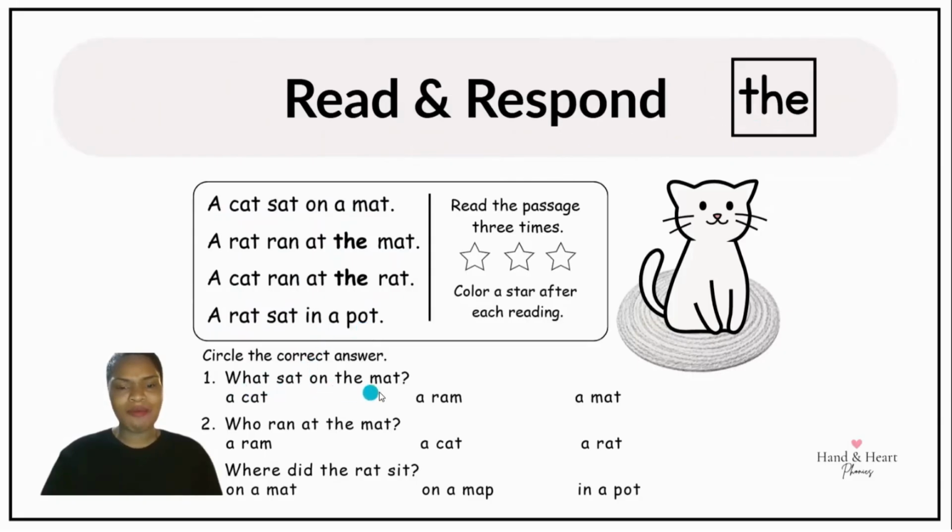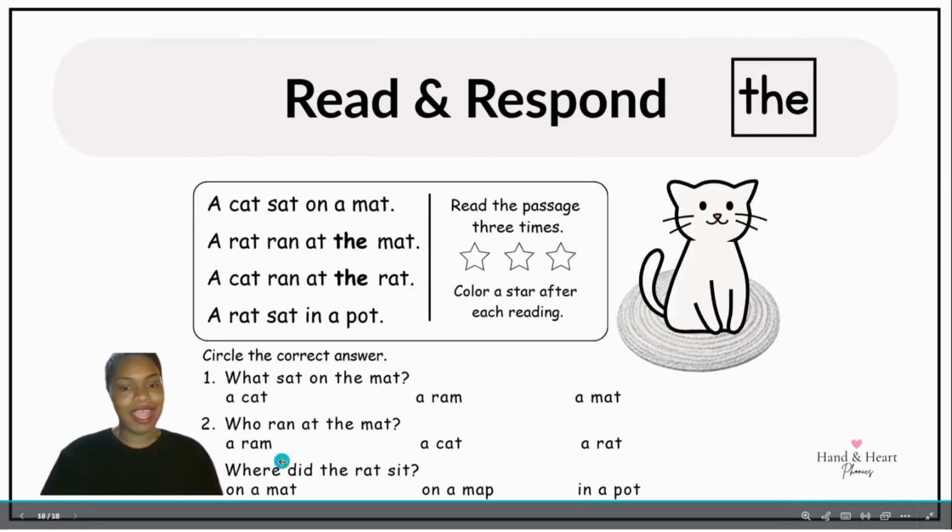What sat on the mat? A cat, a ram, a mat. What sat on the mat? Yes, a cat. Who ran at the mat? A ram, a cat, a rat.